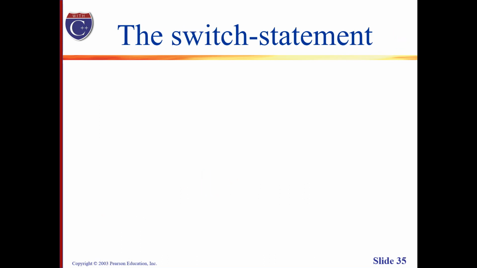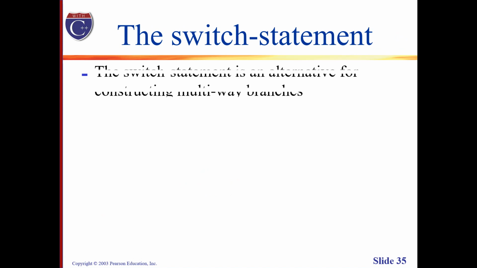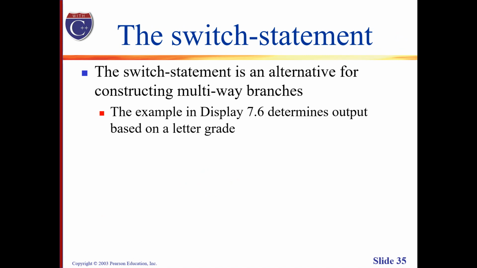Next, we proceed with the switch statement. The switch statement is an alternative for constructing multi-way branches. For instance, the example that we have determines output based on a letter grade, which we will see as we go.